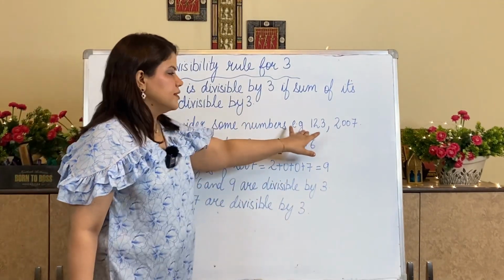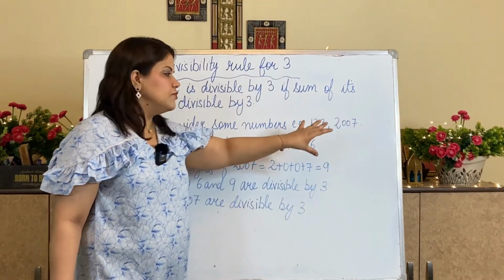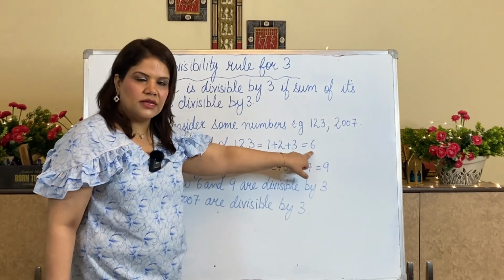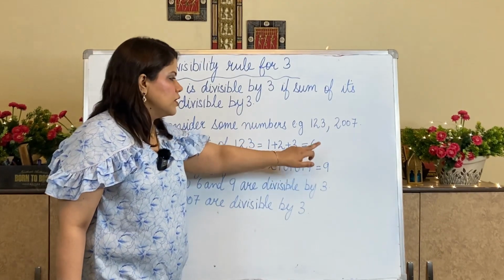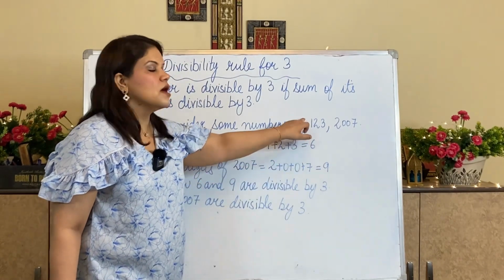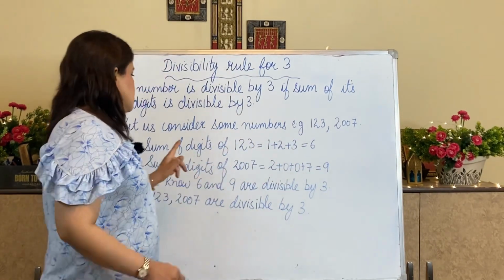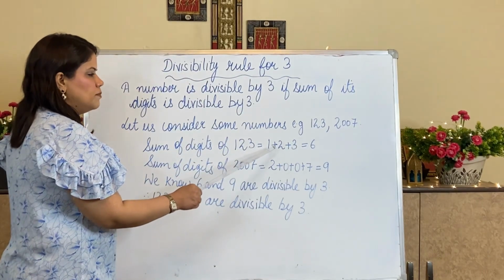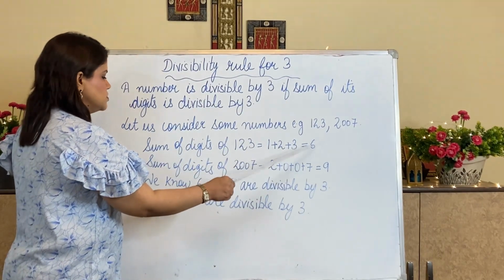I will add them individually and I will find whether the sum of these digits is divisible by 3 or not. If the sum is coming divisible by 3, that means the number is divisible by 3. So, sum of the digits of 123 is 1 plus 2 plus 3, which is equal to 6.